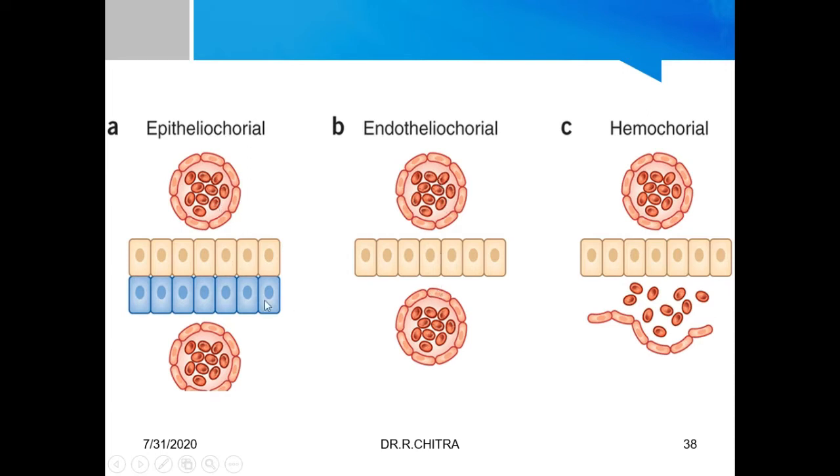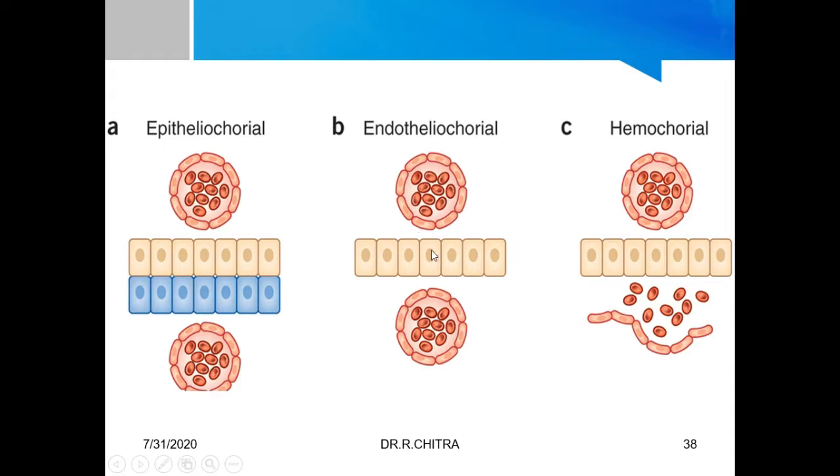Endotheliochorial is where the uterine epithelium is not present, so the chorion is separated only by the endothelium of the maternal blood vessel. So this is the endothelium of the maternal blood vessel, and this is the fetal blood vessel and the extraembryonic mesoderm.